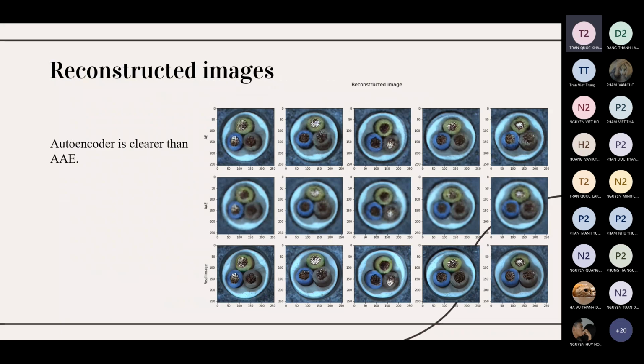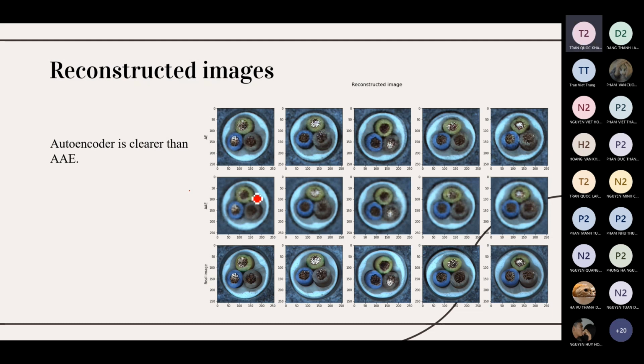Okay, so here are some reconstruction images from our model, and here is the capsule one. The first row is the image generated by the autoencoder, and the second row is the adversarial one, compared to the real image which is in the last row.